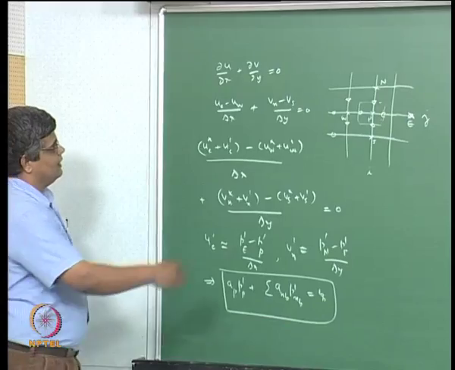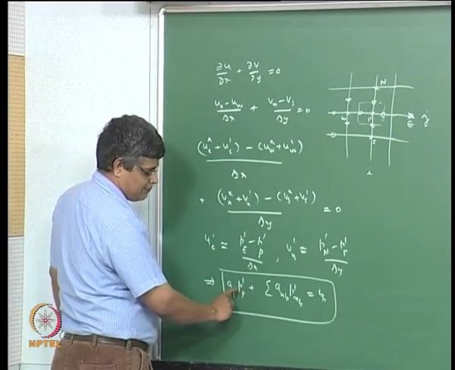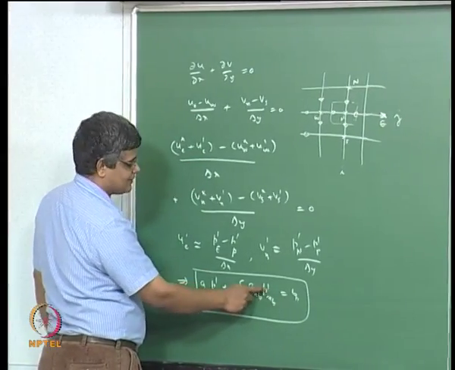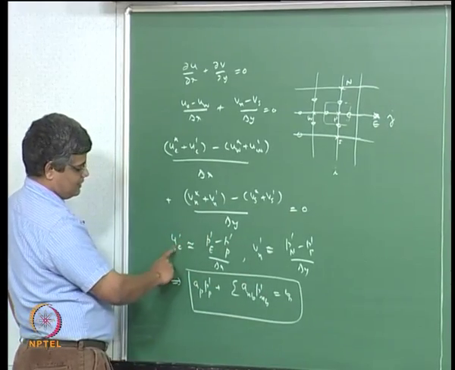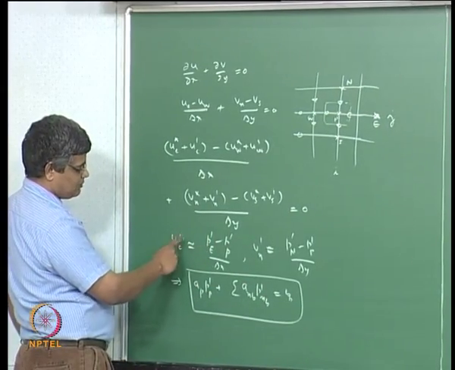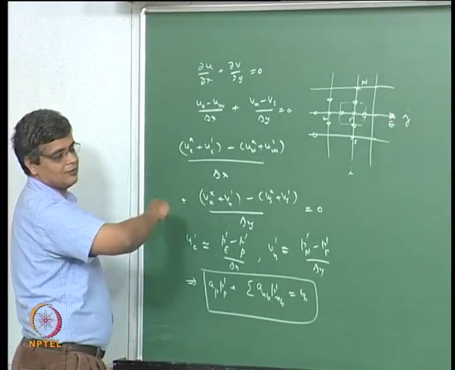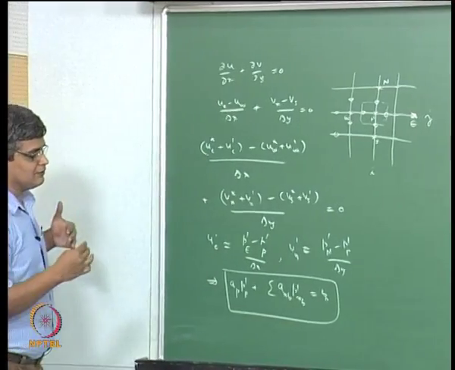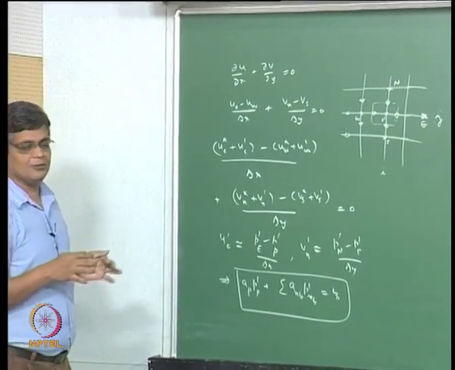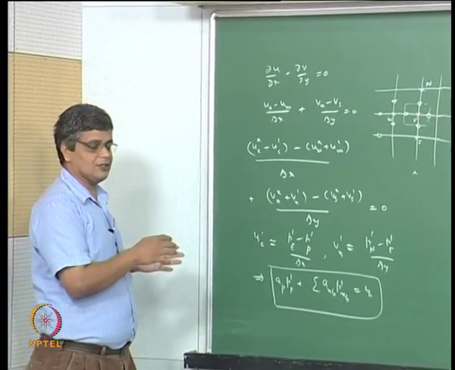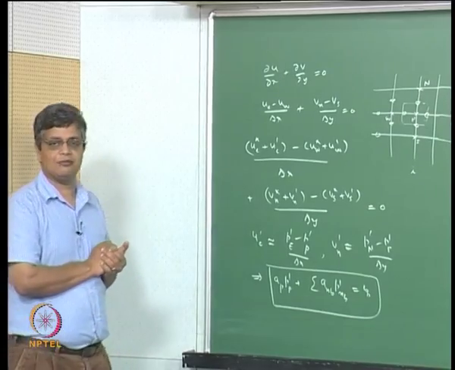So we can obtain a pressure correction such that the new velocities obtained through the velocity corrections will satisfy the continuity equation. So that is how we have approached the determination of the velocity field and pressure field in incompressible flows.